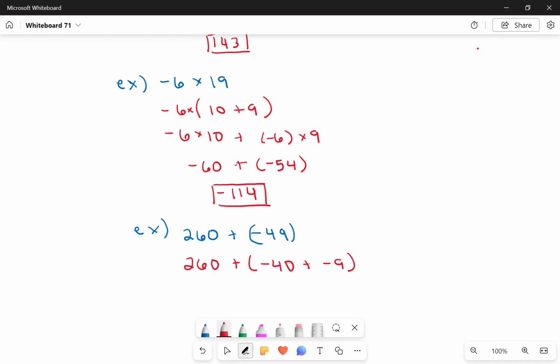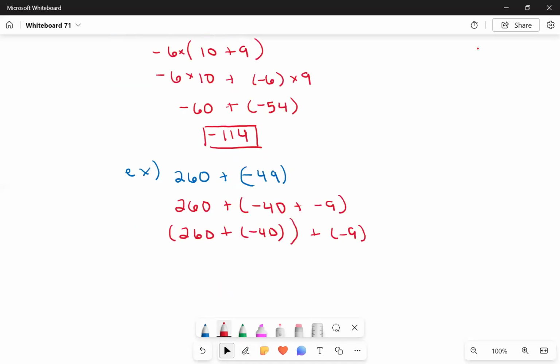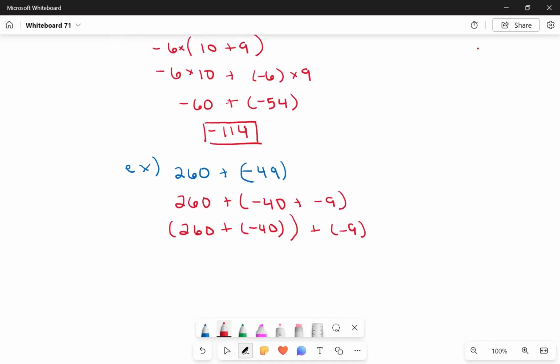And instead, I will combine 260 and negative 40 because that's a lot easier to do. So 260 and negative 40, well, that's just 220. And then plus that negative 9, that's going to come out to 211. And there we go.